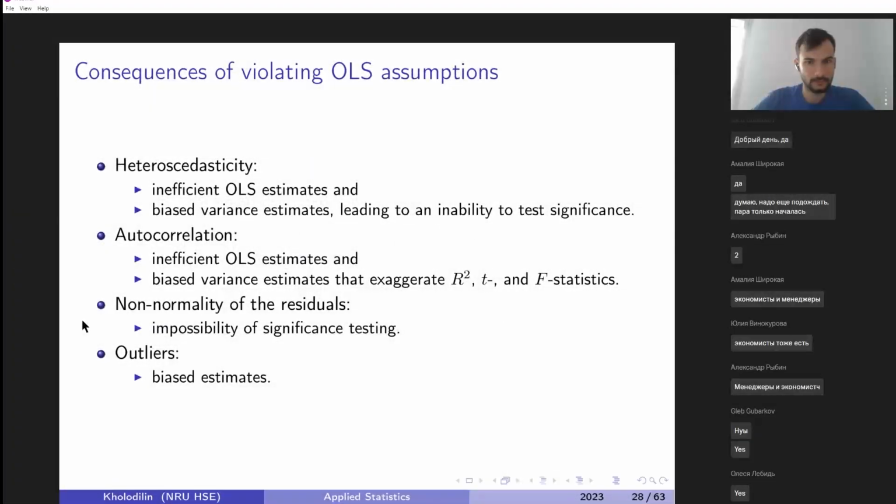And so what can happen if these assumptions are violated.